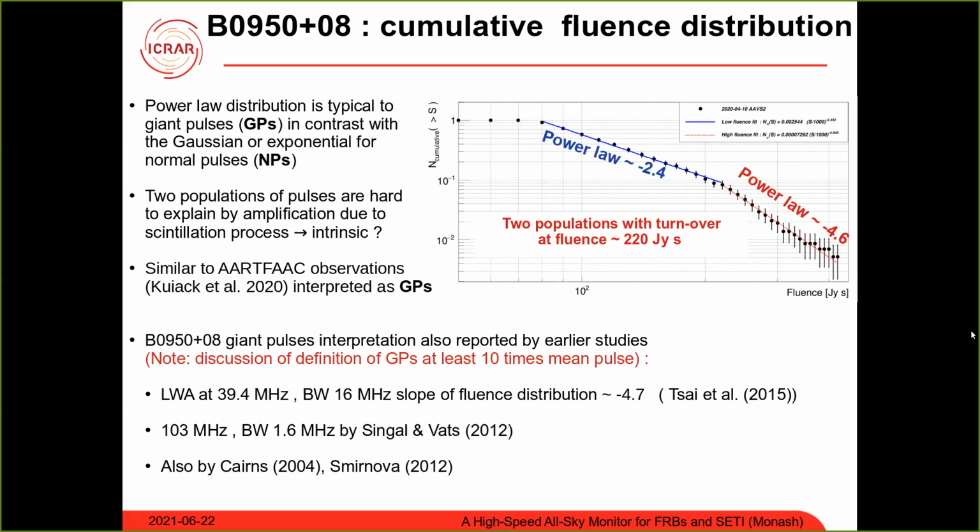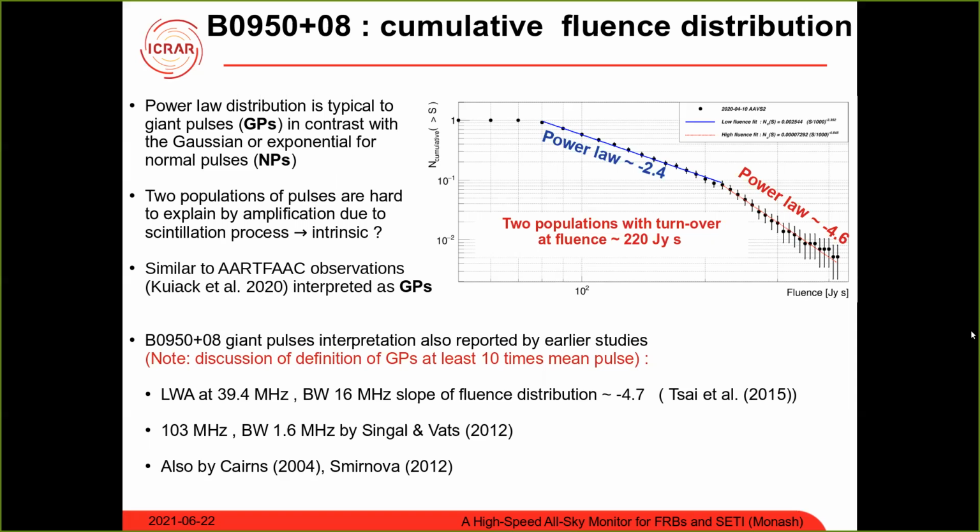So here I'm showing our cumulative distribution of fluence from our data. What you can see is that it's well represented by a broken power law, where the fainter pulses have a shallower slope, and the brighter pulses have a slightly steeper slope.